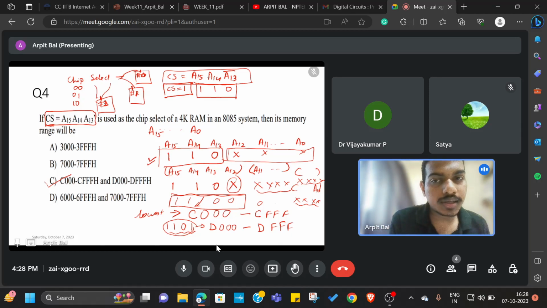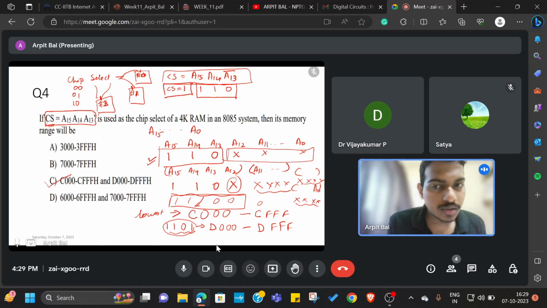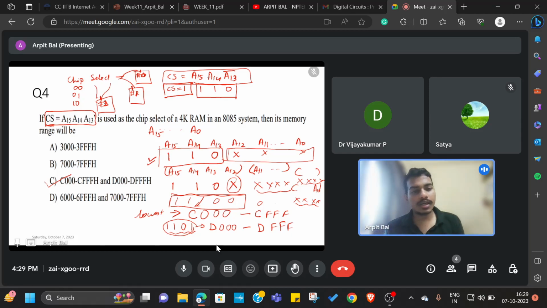For this case it is 110, because A15, A14, A13 bar gives you chip select equal to 1. After we figure out A15, A14, A13, the rest of the bits are free to use, so I have given XXX there. The lowest value that it can occupy is C000, and the highest value that it can occupy is DFFF. Based on that, option C is correct.